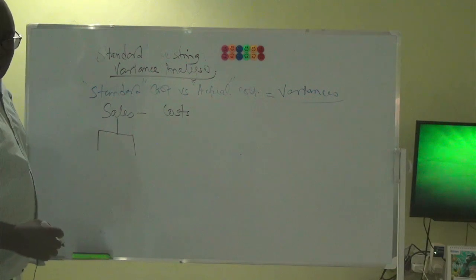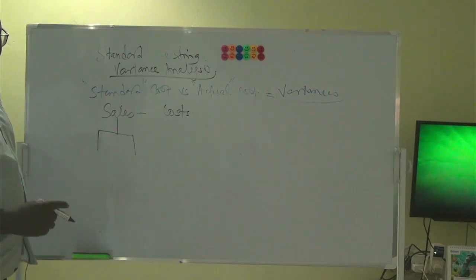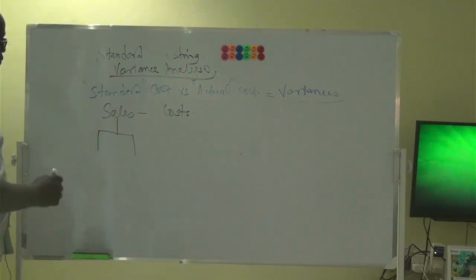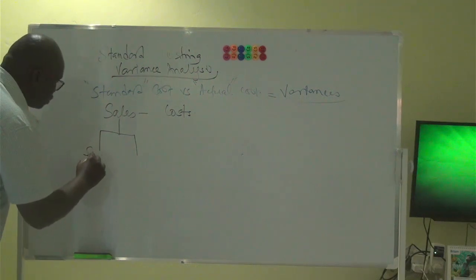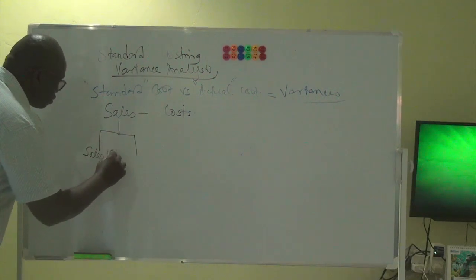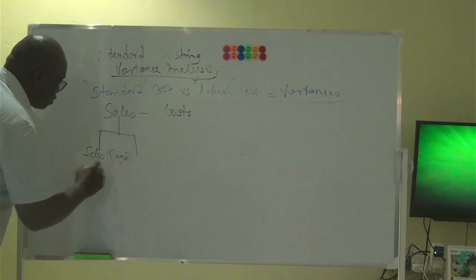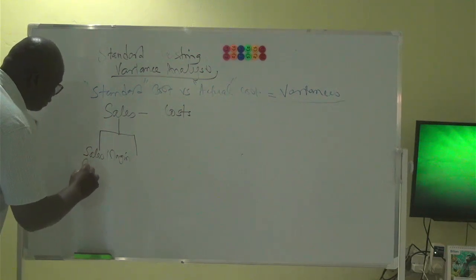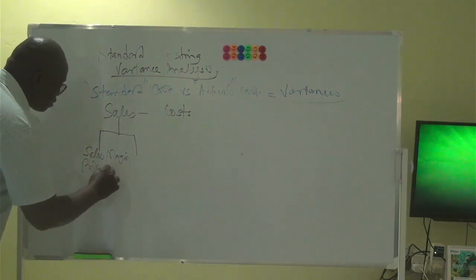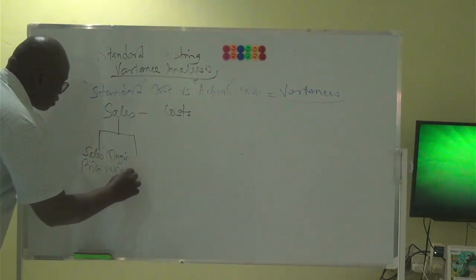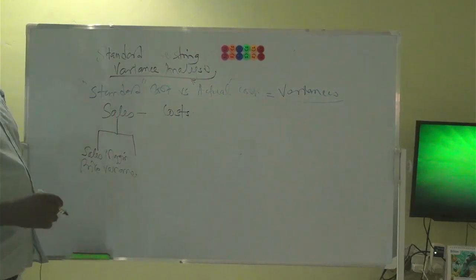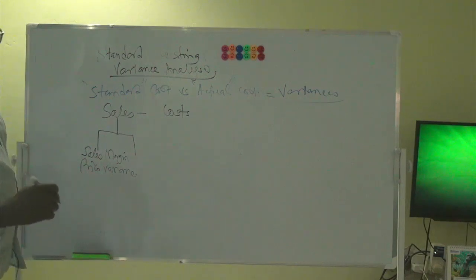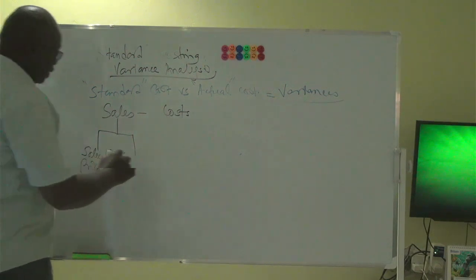For the ones that relate to sales, we have the sales margin price variance. Then we also have the sales margin quantity variance.